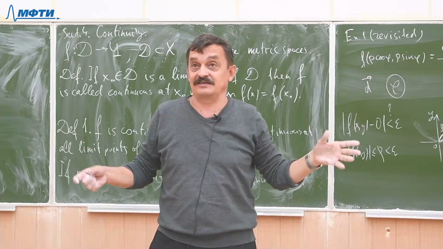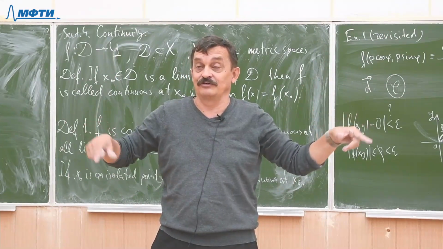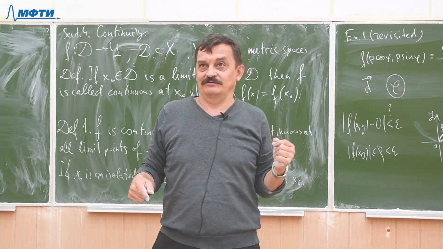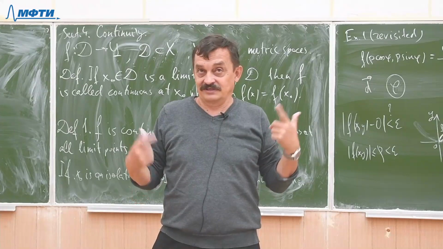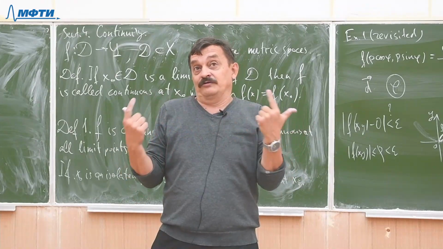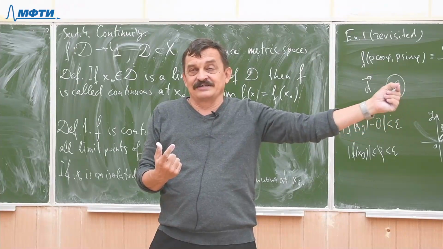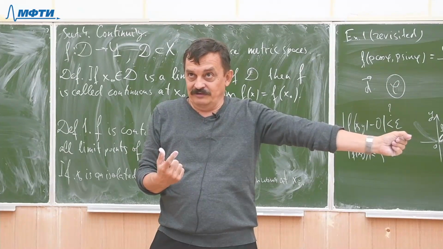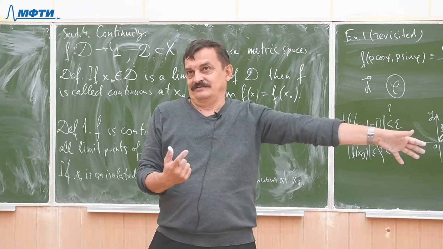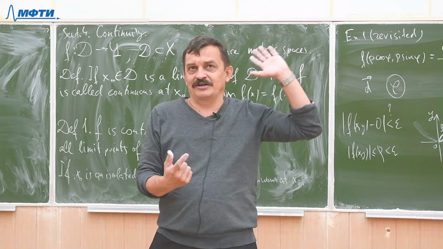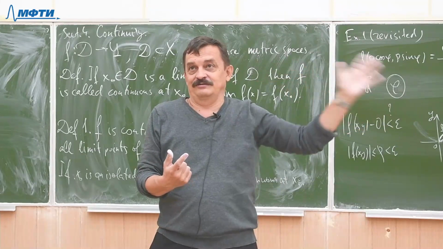In any case, the function will be continuous on the union of the interval and that isolated point. That is important. When you are talking about continuity and a point is an isolated point of the domain, it doesn't matter what the value at that point is. Every function is continuous at an isolated point.